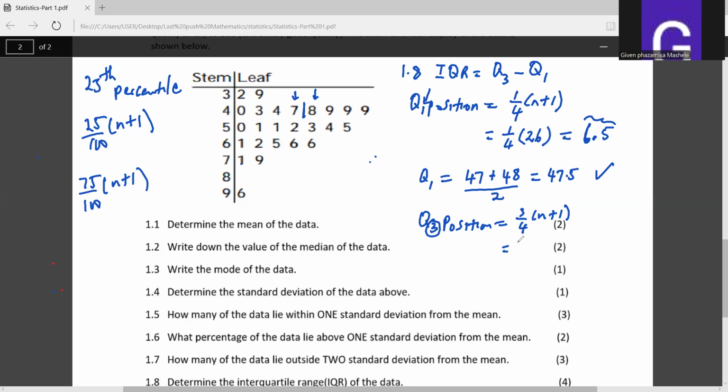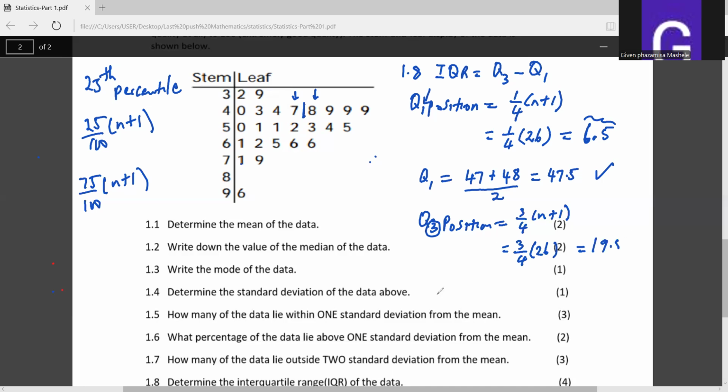What is n? n is 25, and 25 plus 1 is 26. I believe you are following. So 3 over 4 times 26 will give us 19.5.